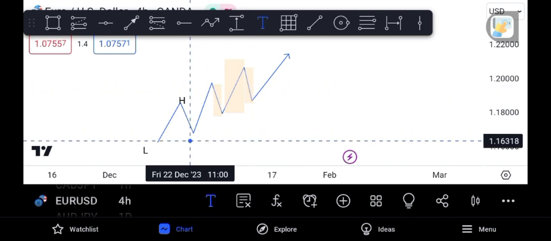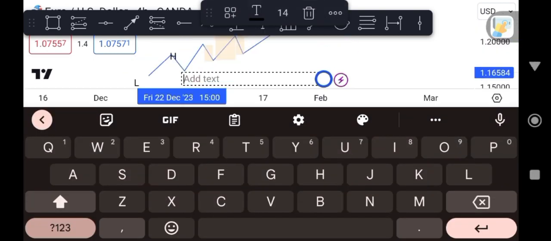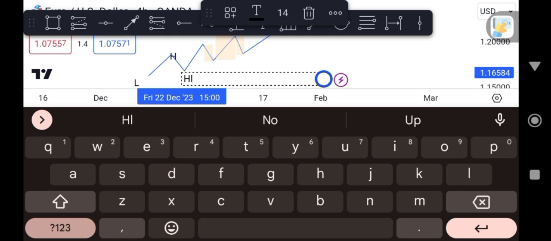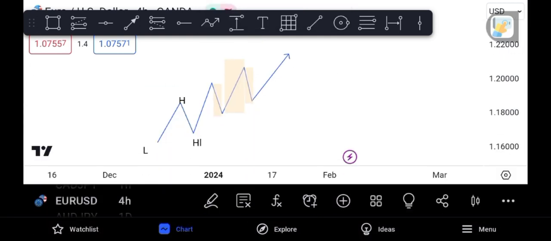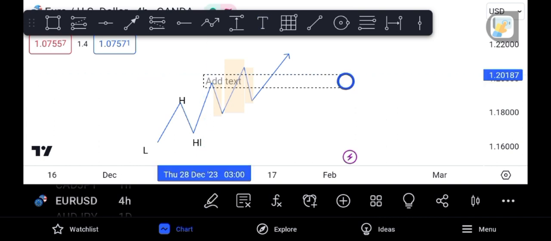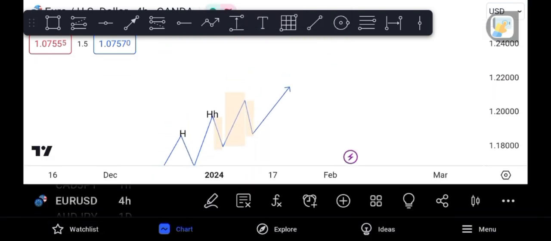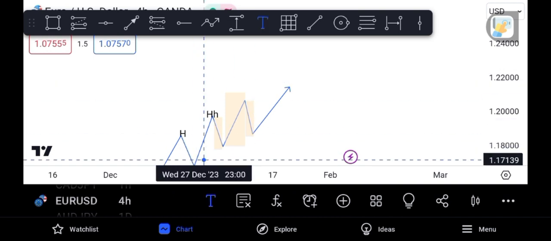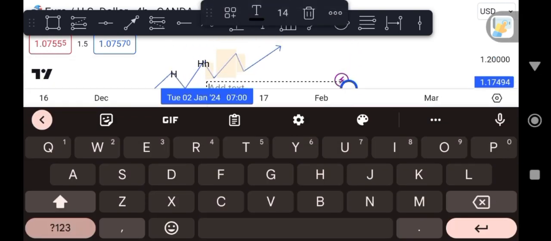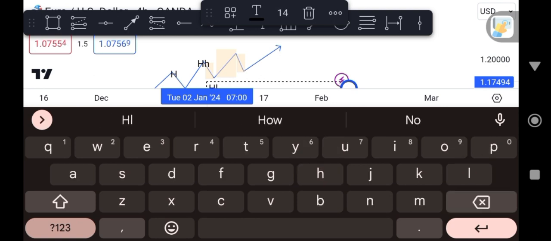Then we have a higher low here. Then we have a higher high. Here we have a higher low.